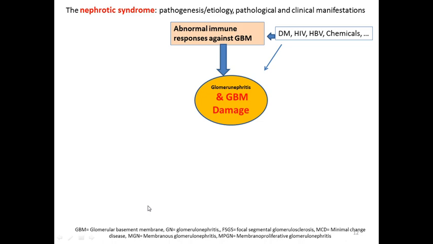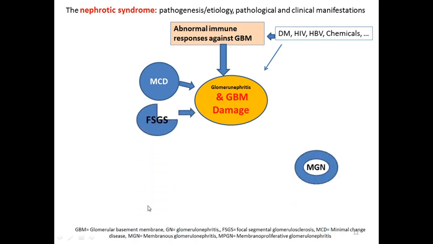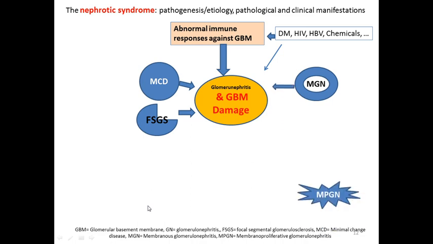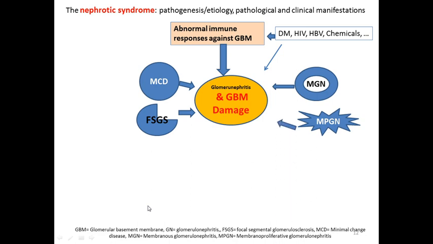And this will lead to glomerulonephritis and glomerular basement membrane damage. So this is the major pathology. There is damage. This damage can be due to minimal change disease, focal segmental glomerulosclerosis, membranous glomerulonephritis, and membranoproliferative glomerulonephritis.